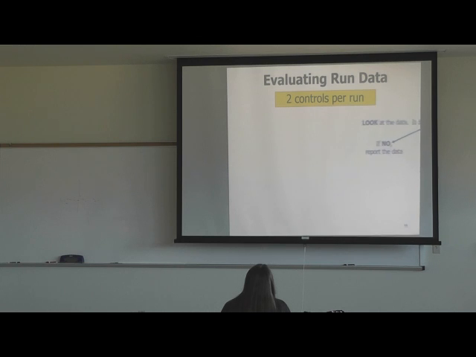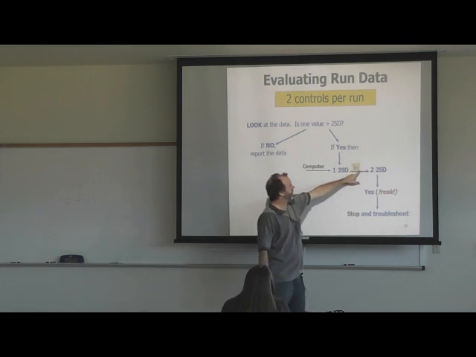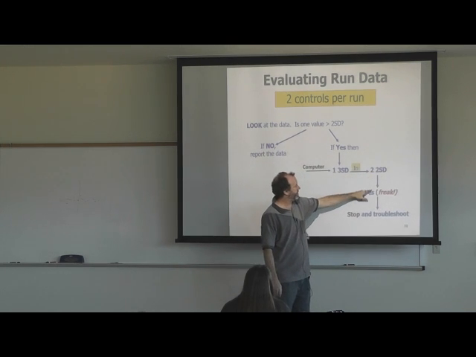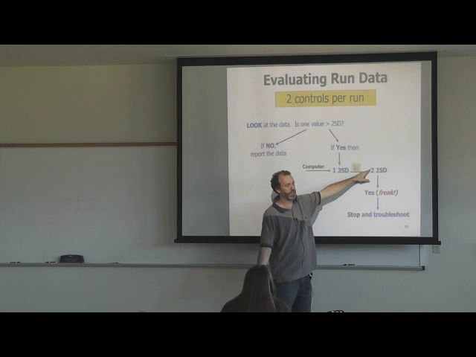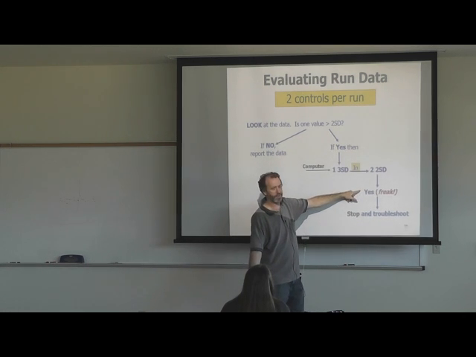So evaluating 2 controls per run again, look at the data. Is one value greater than 2 SD? Yes. Then check for 1-3S.